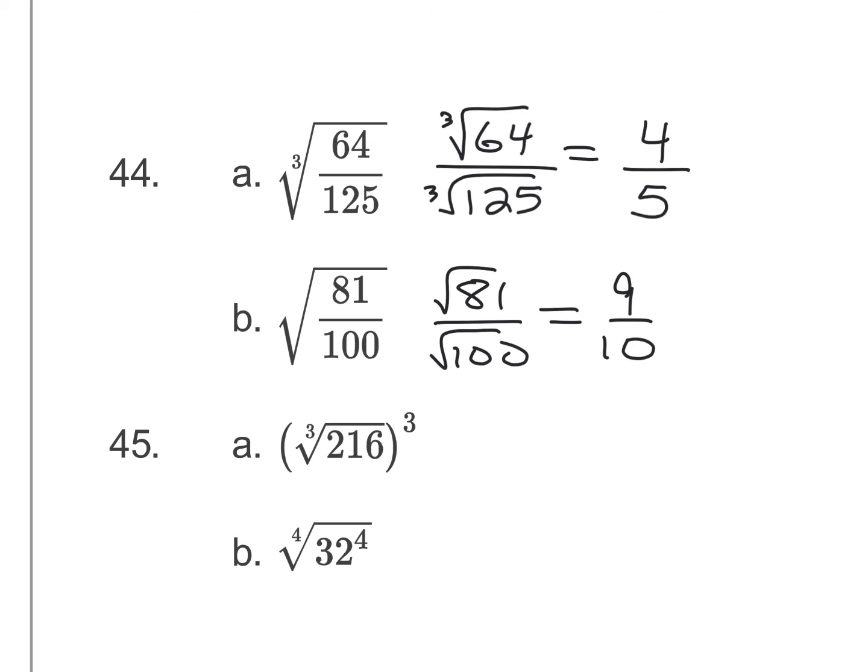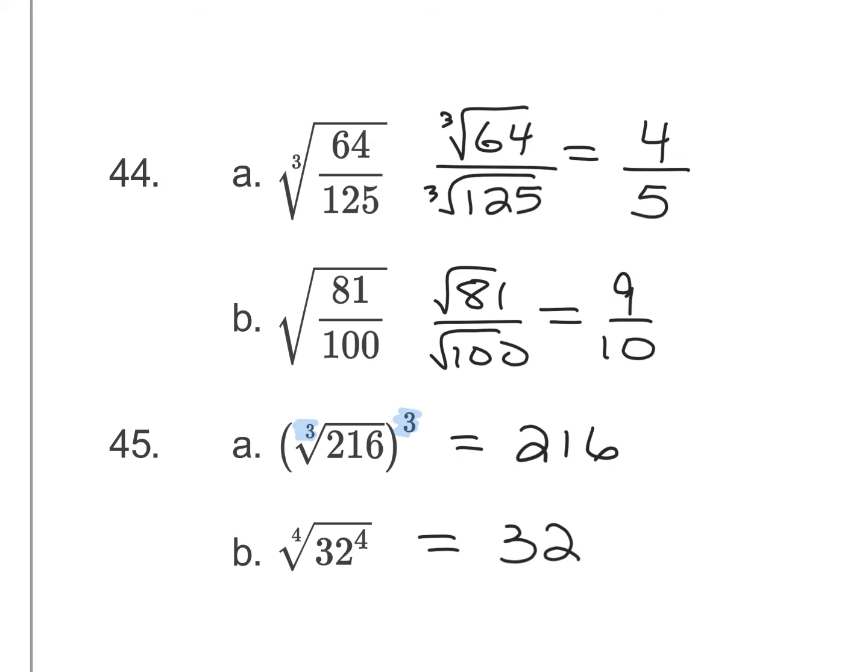Here again, whenever you see something like this, when you see the index and the power is the same, they cancel each other out. So this answer is just 216. Same thing here. The index and the power cancel, so it's 32.